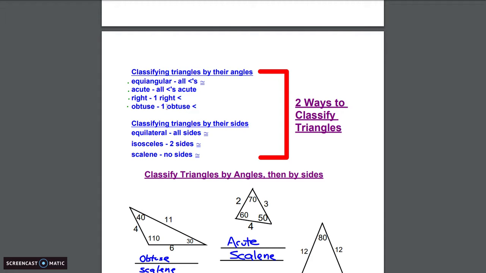And if all of them are acute, which means less than 90 degrees, then it is an acute triangle. If one of them is a right angle, then it is a right triangle. And if one of them is obtuse, then it's an obtuse triangle.